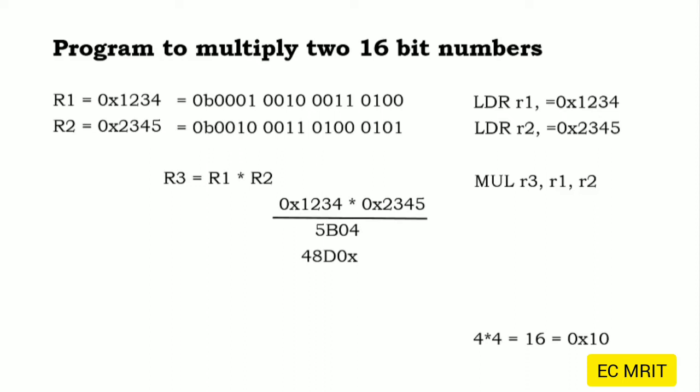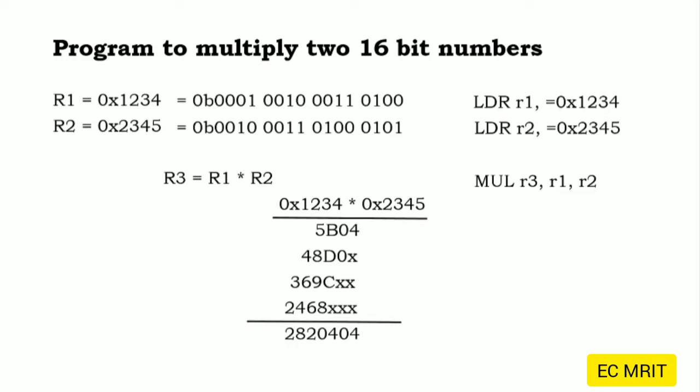Next, 4 into 1 is 4. We got 48D0. Similarly, we'll multiply for all the numbers and we'll get the answer as 2820404. After all the multiplications, we'll add these values.